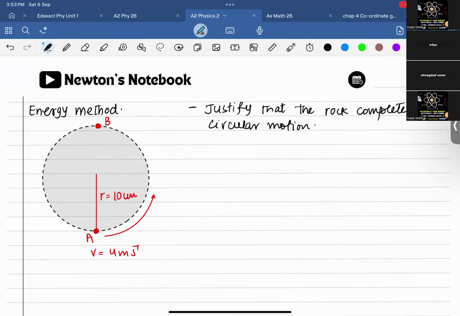So basically, the point over here is that if at point B the acceleration is greater than 9.81, then it will perform circular motion.